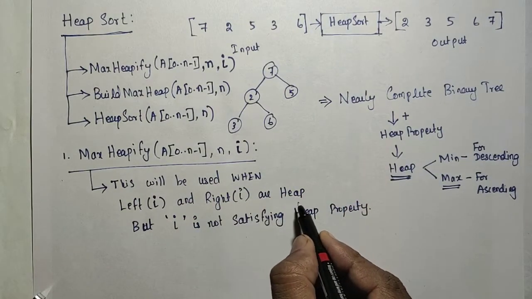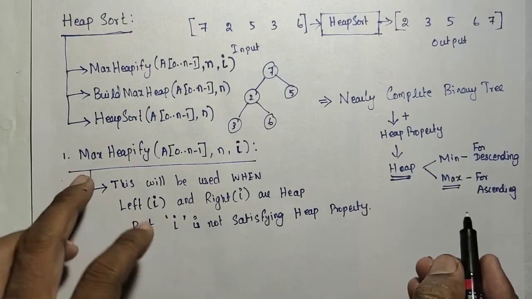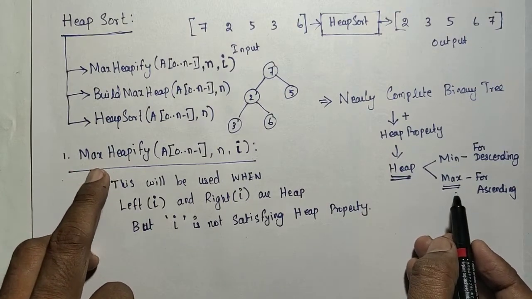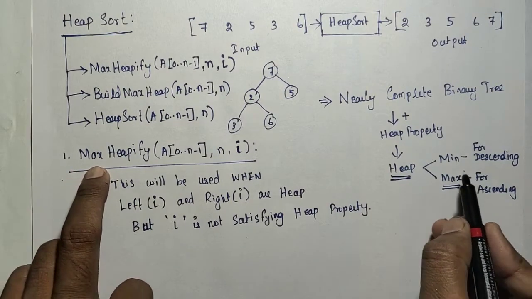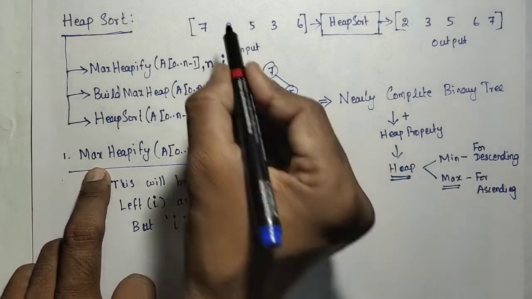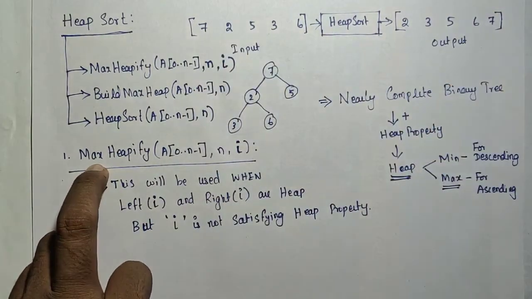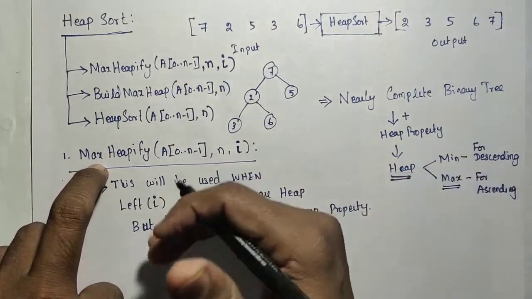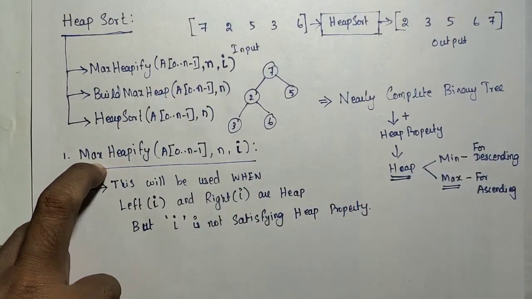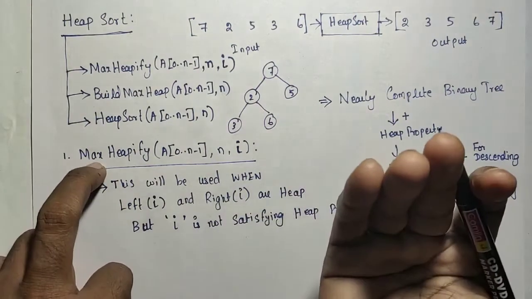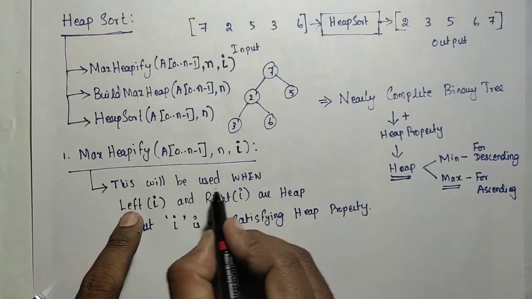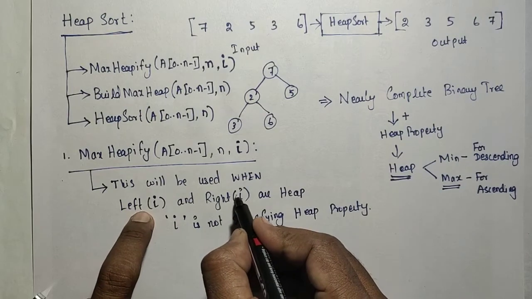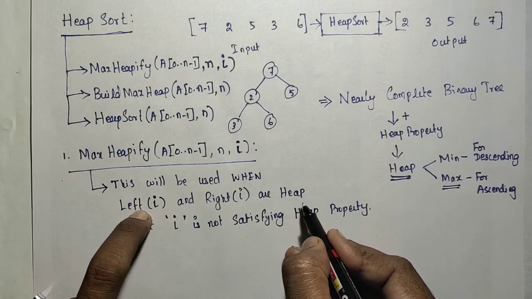Here we are simply using the term heap because we are always going to consider max heap, not min heap, because we are going to sort the elements in ascending order. So forget the word min heap. Whenever we say heap, I am representing max heap. So the meaning here is the left subtree and right subtree are already a max heap.